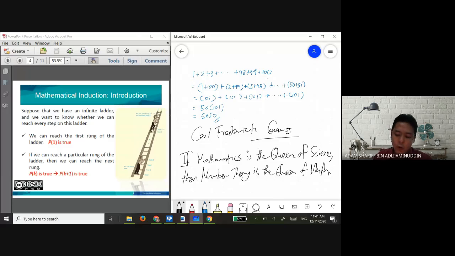So he also implies here, to all my students, that the number theory that you will learn in module 3 is very fundamental and very important to the study of mathematics. Then you will realize why.